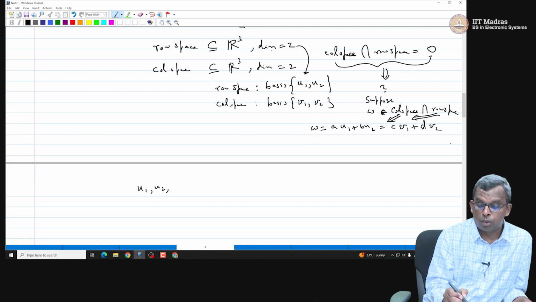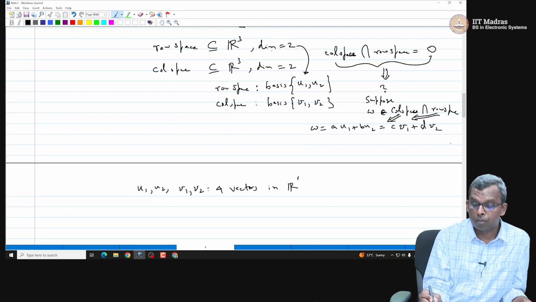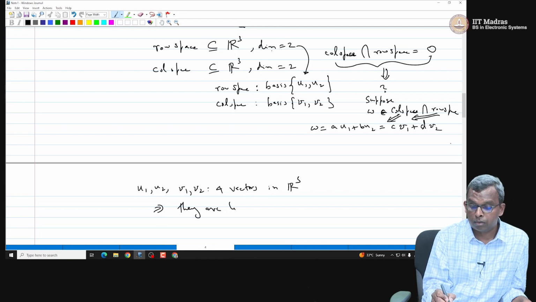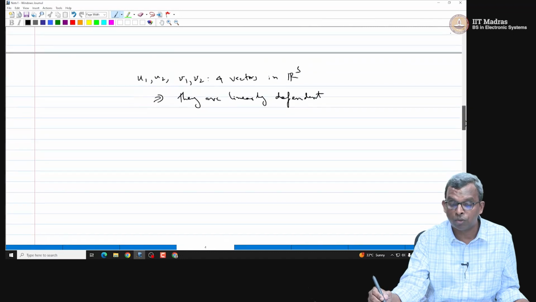So, u1, u2, v1, v2 are 4 vectors in R3. That implies they are linearly dependent. Right? If you have 4 vectors in R3, they have to be linearly dependent. So, now what happens because of that?